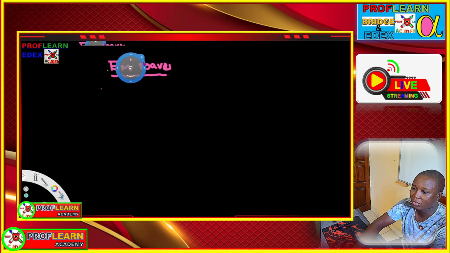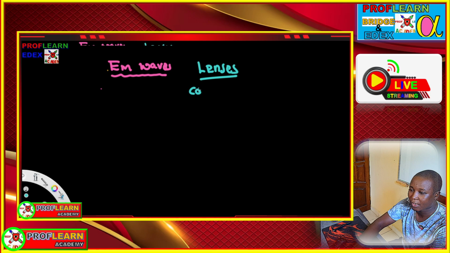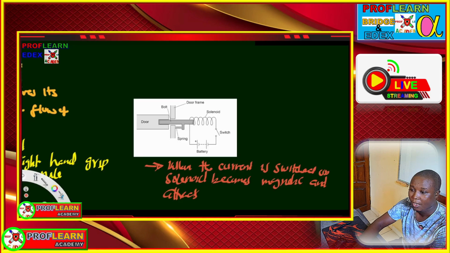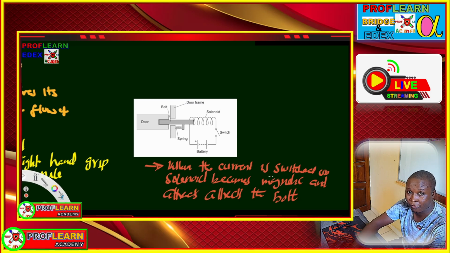We need also to mention something to do with lenses. With lenses, you need to understand the construction of images and the characteristics of images as well. Electromagnets are magnets constructed due to the flow of electric current.